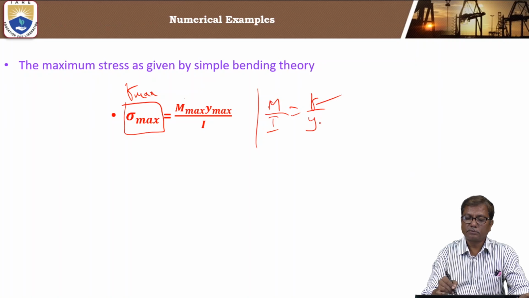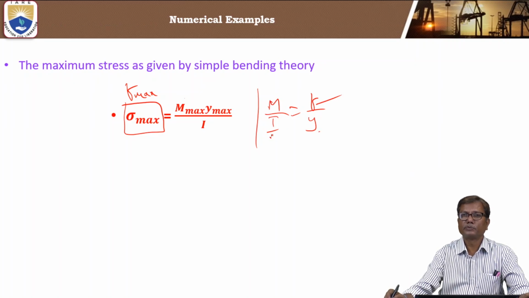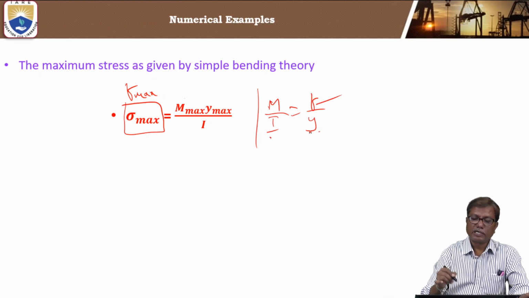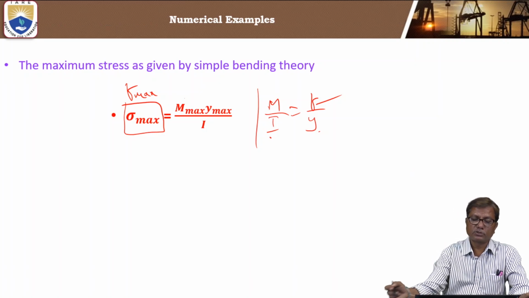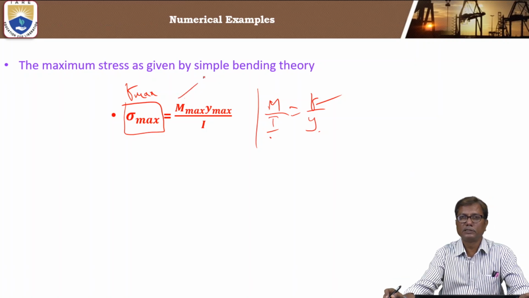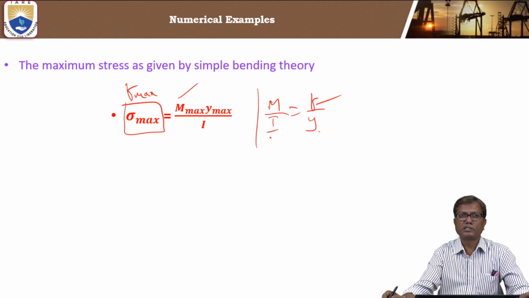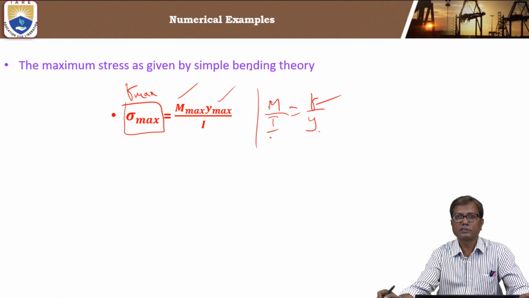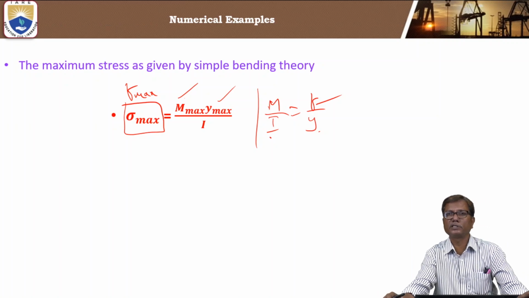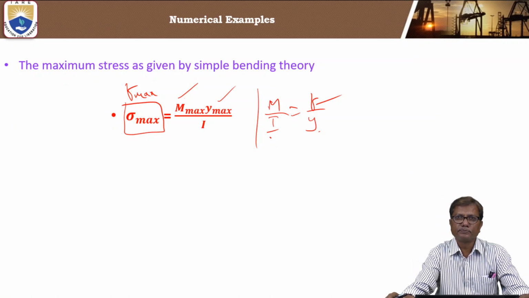So F is My by I. Here the maximum stress we want occurs at midspan, so we find the bending moment at midspan, which is the maximum bending moment. Y maximum means the distance of the extreme fiber from the neutral axis.